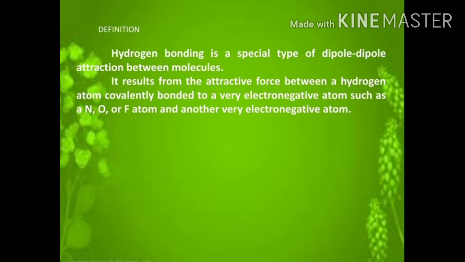Due to this effect, the polarized hydrogen atom is able to form a very weak electrostatic attraction with another electronegative atom present in the compound. This interaction is called a hydrogen bond. Normally, this is denoted by a dotted line in a compound.